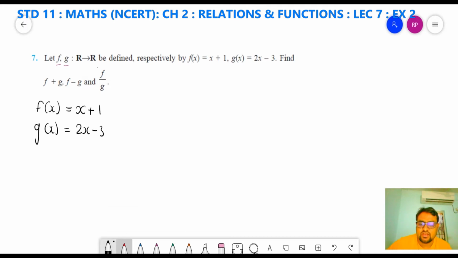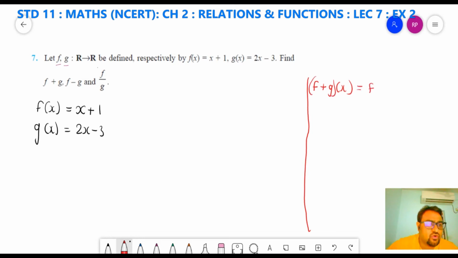So first, let me explain to you the arithmetic of these functions. When you write (f plus g)(x), this will be equal to f(x) plus g(x). And the value of x will be from the intersection of the domain of f and the domain of g. You can only take that value of x.